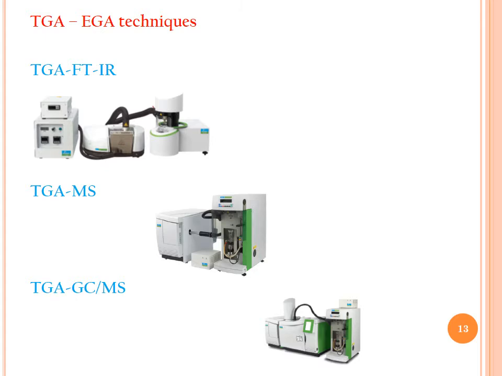There are three common techniques that are hyphenated, meaning two techniques are coupled with each other, mostly attached with the TGA, thermogravimetric analysis. FTIR can be connected with TGA. This is also called a vibrational type of spectroscopy.